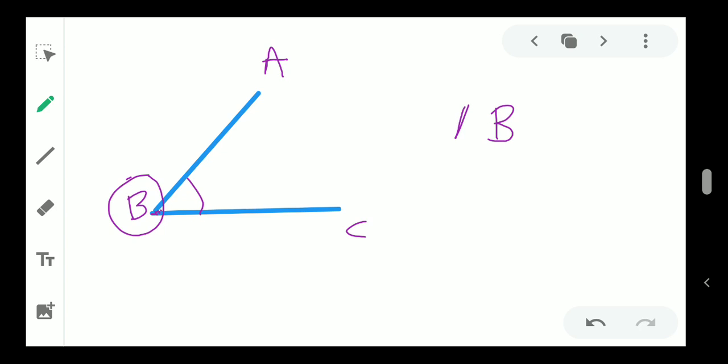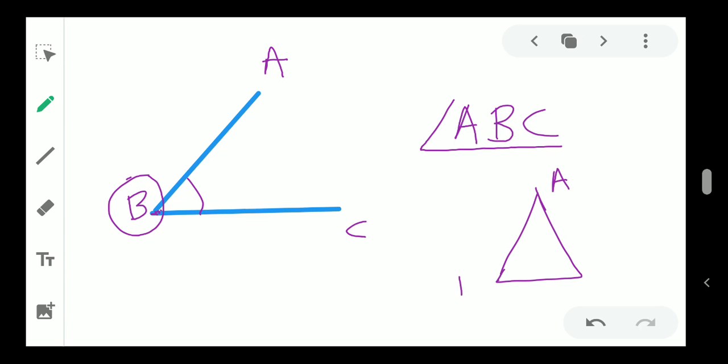And A and C you can write any of the sides. So A, B, C, and you have to give this symbol. That means it's an angle, because ABC can be a triangle also. If I draw a triangle and if I give name ABC and if I write ABC, that will mean that I have drawn a triangle.